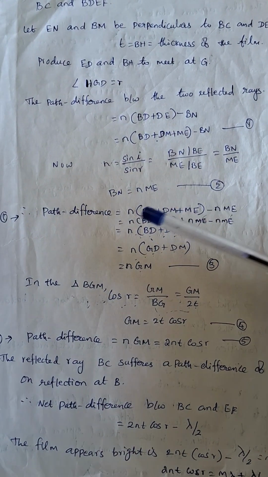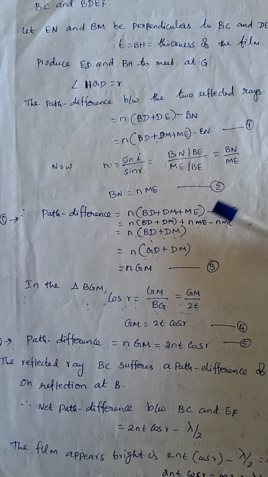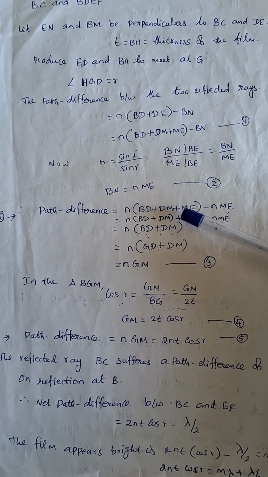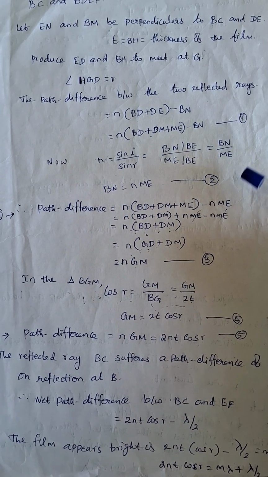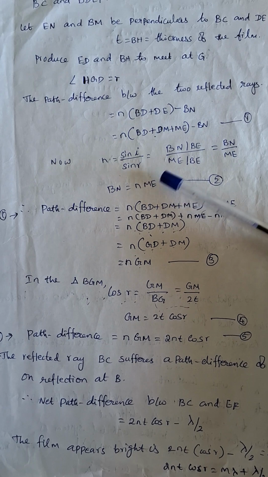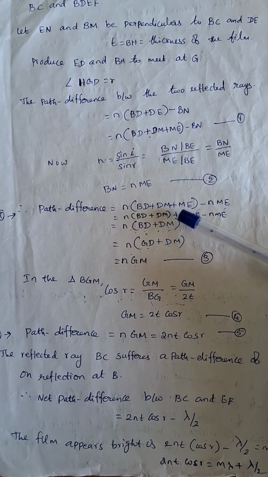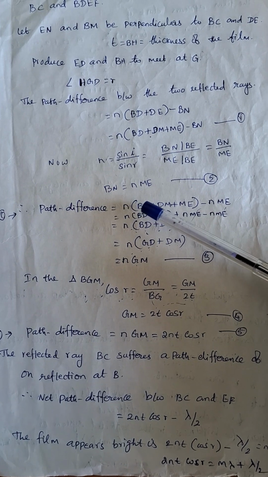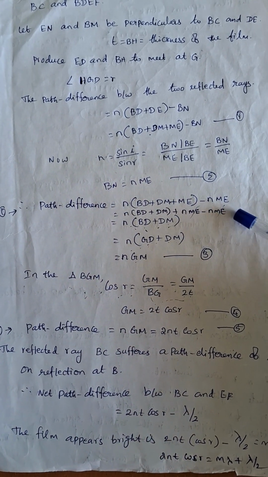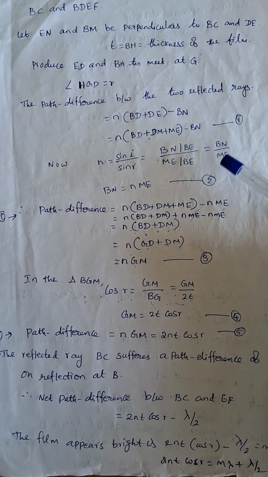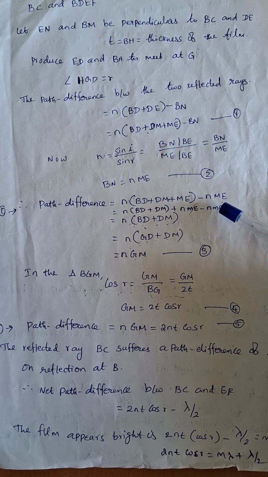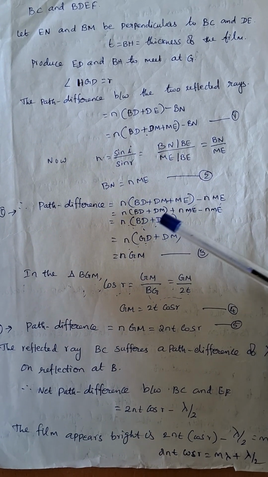From this, path difference equals mu into (BD plus DM) plus mu ME minus BN; instead of BN, substitute mu ME. So mu into (BD plus DM) plus mu ME minus mu ME, and the mu ME terms cancel each other. So path difference equals mu into (BD plus DM).